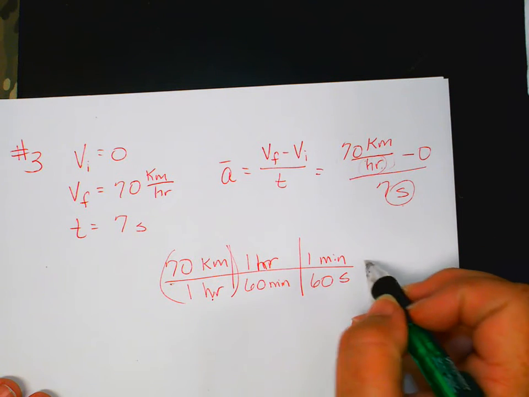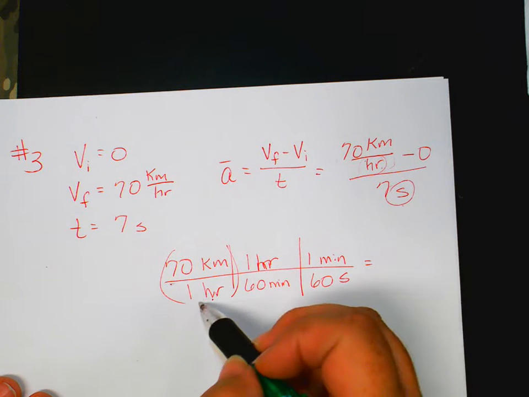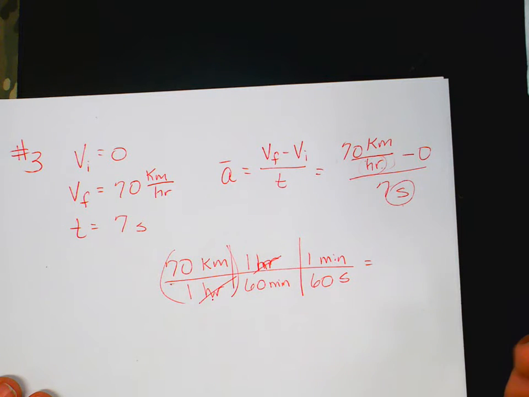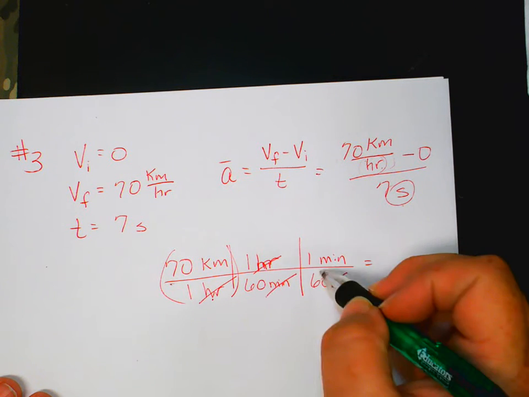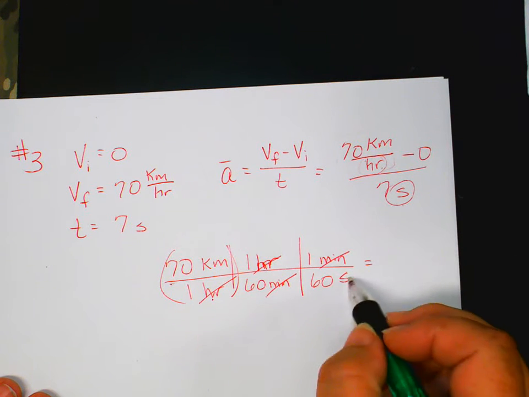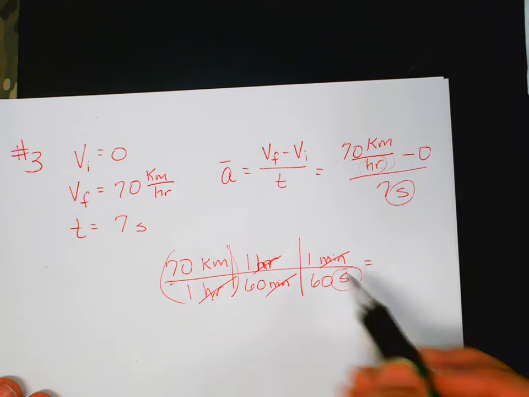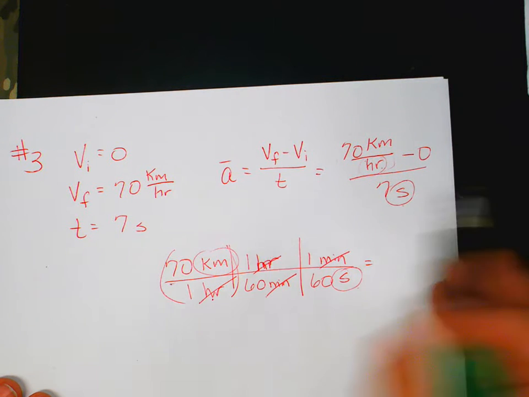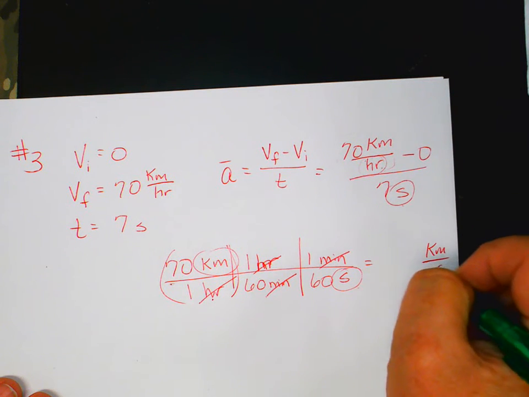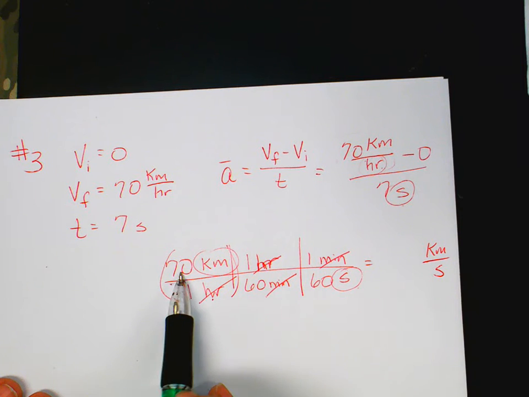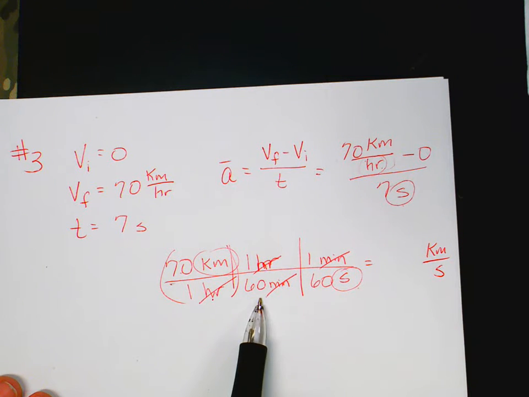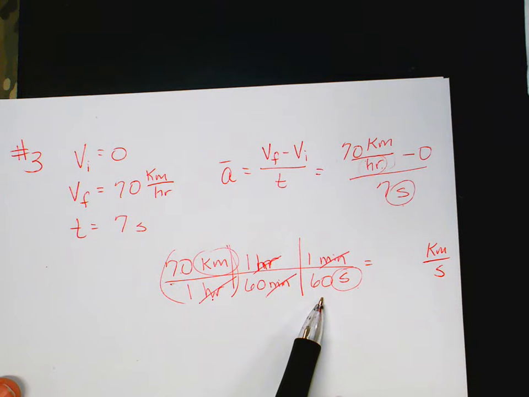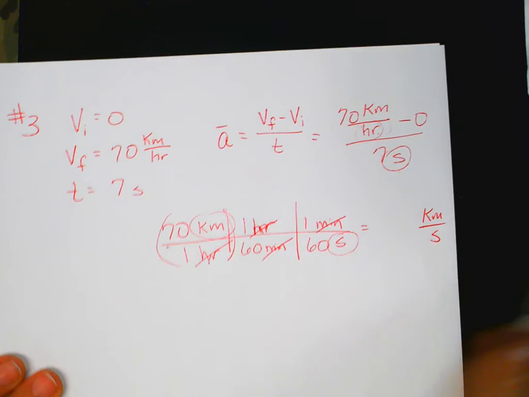So to do the conversion, hour crosses out with hour, minute crosses out with minute, and what you're left with is seconds and kilometers. So you're going to go kilometers per second. 70 divided by 60, because it's on the bottom, divided by 60 again, because it's on the bottom.